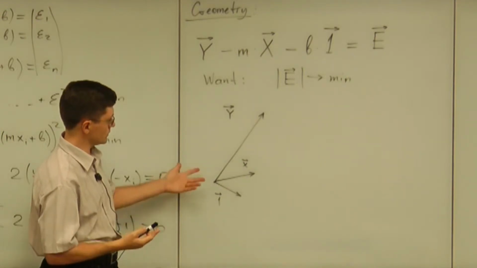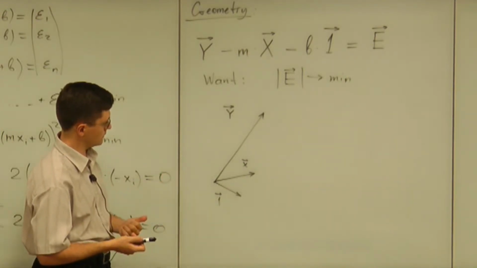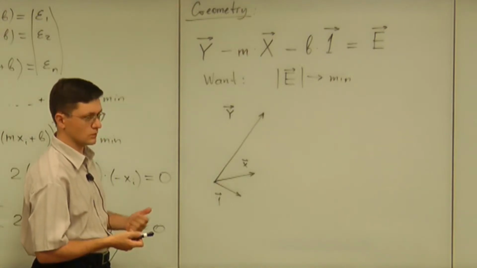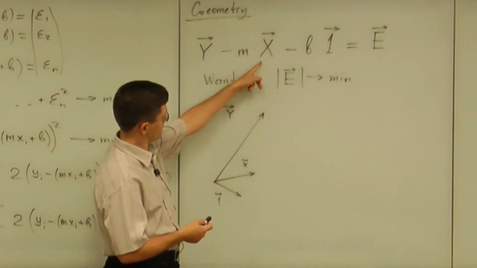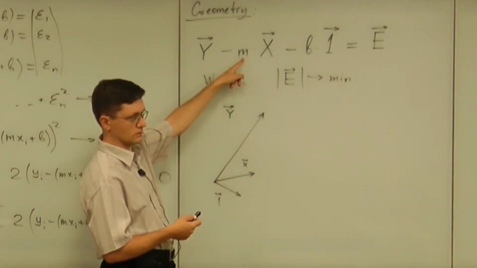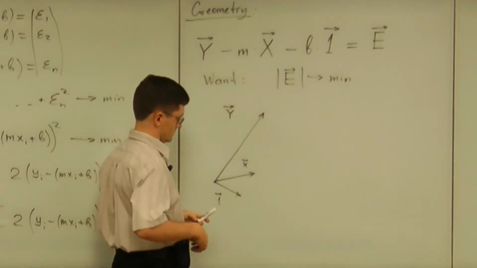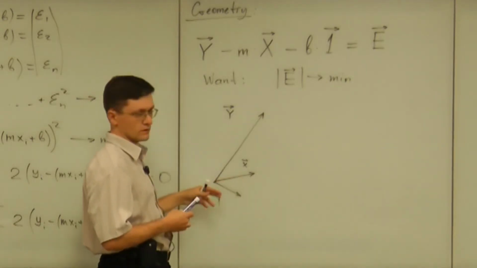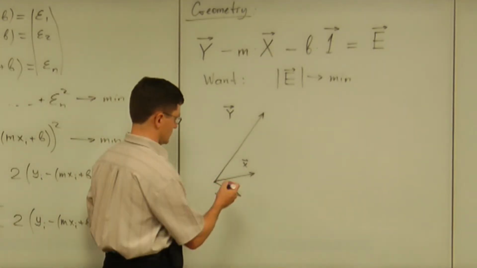And then what is it that we do? Well, what we do is we multiply x, that vector, by some number. So that amounts to making x maybe longer.